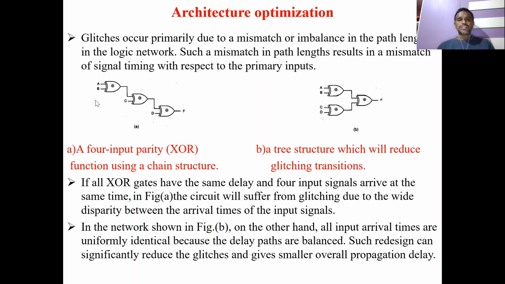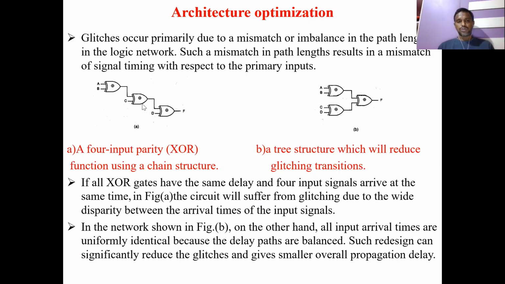If you consider here, this is one structure and this is another structure, and both will give the same output. But it will give glitches, because in this one, AB is there, this is the XOR gate. AB will be applied, and at the same time C and D will also be applied, suppose. AB will be processed and give some output.